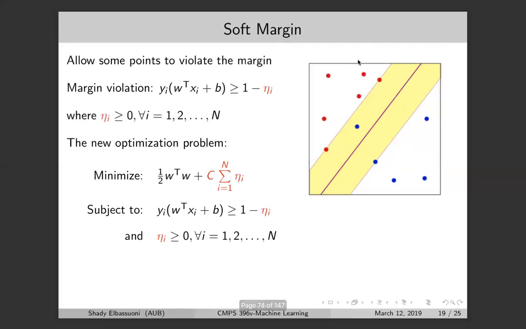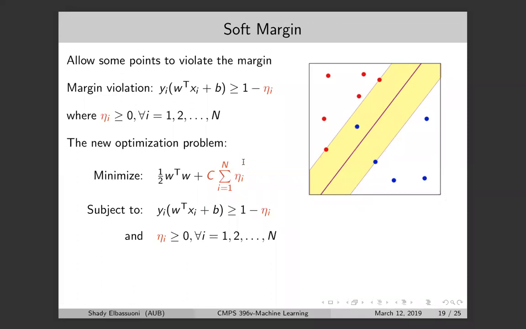So the new optimization problem. Before it was minimize half w transpose w, that's to maximize the margin, subject to y_i, the things in black. That was the original optimization problem. Now I add to this C times the summation from i equals 1 to n of eta i.